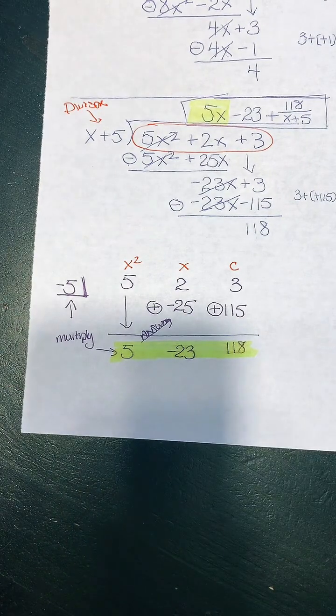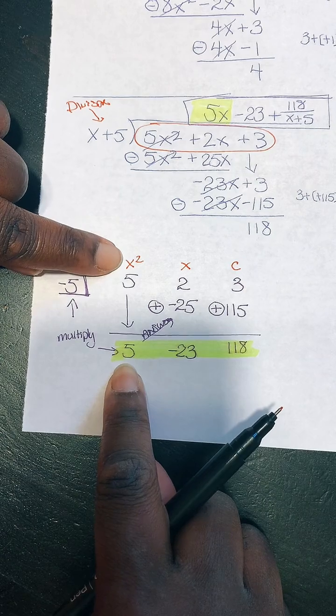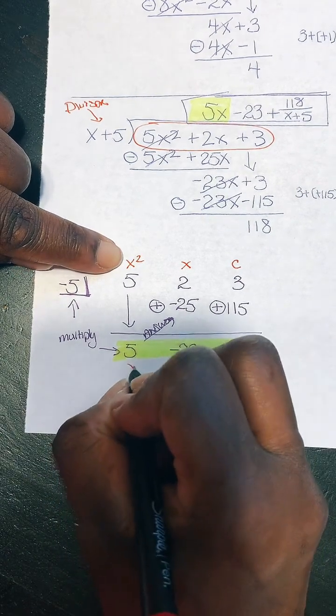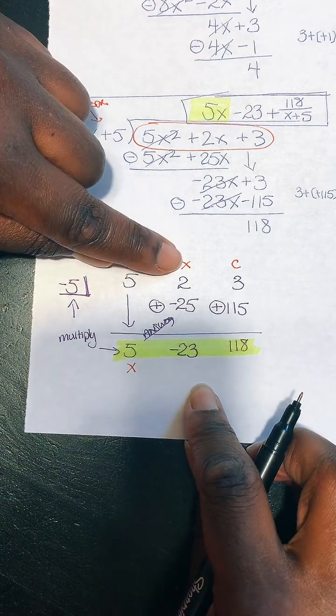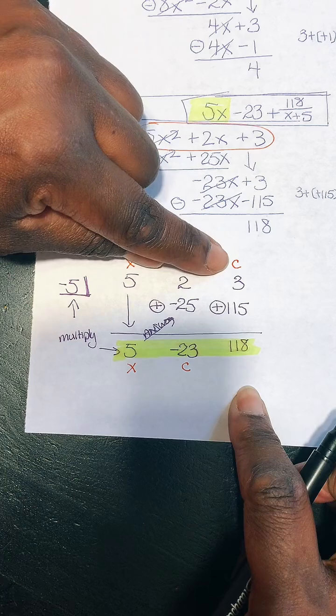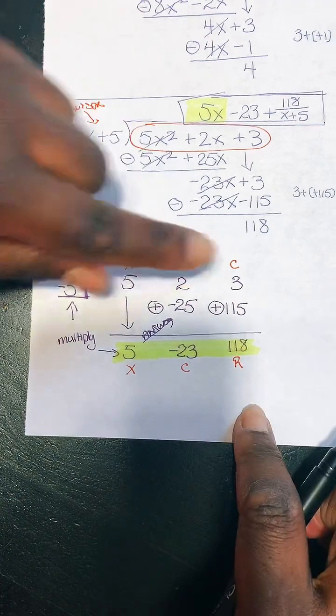Basically, what we see before us at this part right here, this is basically our answer. But the only thing is, you always go one less the original degree. So if it's an x squared, that means this is going to be an x value. If this is an x, that means this is going to be a constant. And if this was a constant, that means this is going to be your remainder.